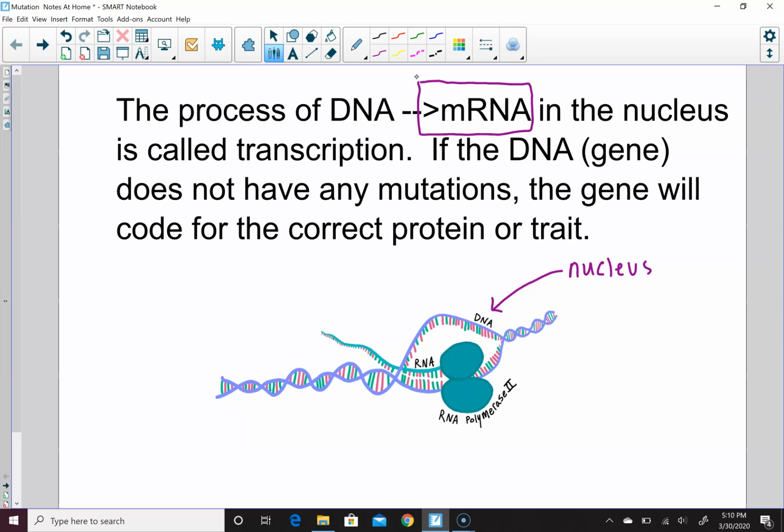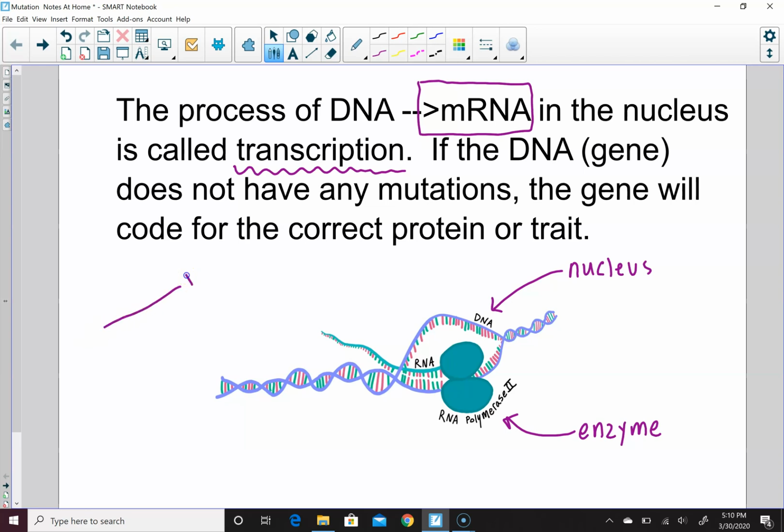So what happens is the DNA codes for mRNA in the nucleus in a process known as transcription. And you cannot do that unless you have the help of an enzyme, known as RNA polymerase II. It's going to take the DNA and make mRNA. But there are some rules. mRNA has a U instead of a T. The A, the G, and the C are the same.